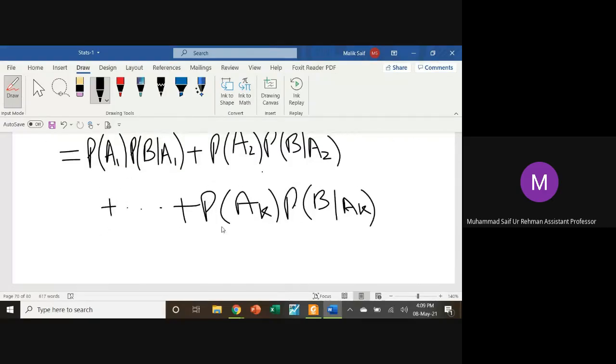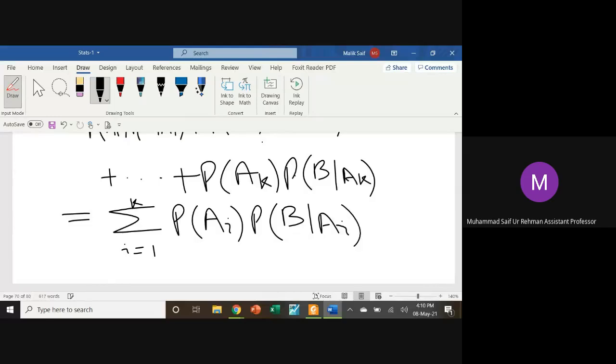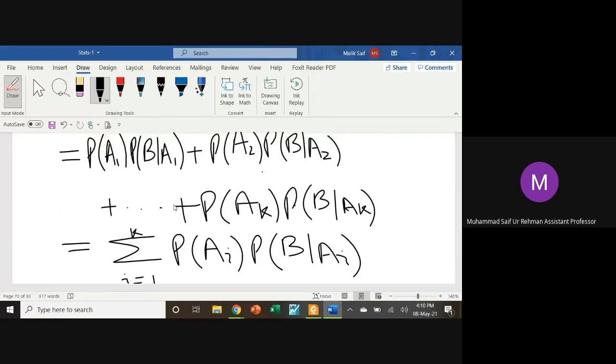So when you write down this equation in compact form, you may write it down as summation I from 1 to K of probability of AI multiplied by probability of B given AI. So whatever value of I you substitute in the formula, you will have the relevant term.